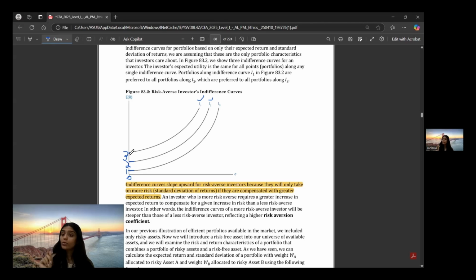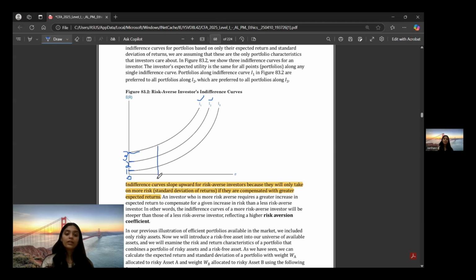So if you remember, I told you that a risk averse investor usually prefers the less risky asset if the returns are equal. Here he is getting more returns for less risk. So if anyone is a risk averse investor, he would rather go for I1. And it is the same for all the points.